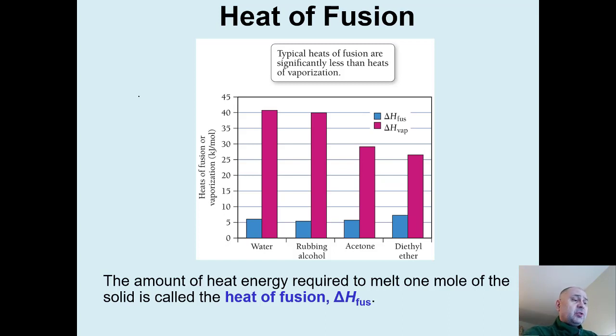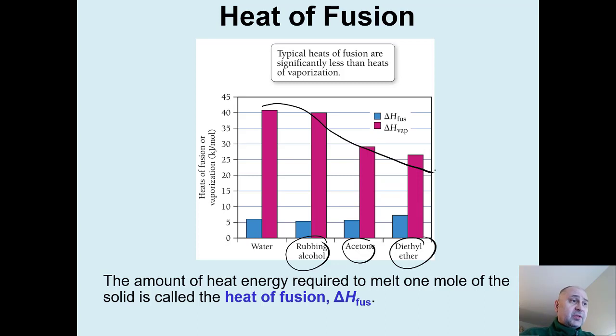This is not just true for water. It is true for the other examples here: rubbing alcohol, acetone, and diethyl ether. You can see a couple of things here. You can see that the intermolecular forces decrease nicely from water to rubbing alcohol. Rubbing alcohol also has an OH group, and it's got a very small nonpolar carbon-carbon group, so it's highly polar and has a pretty high boiling point.